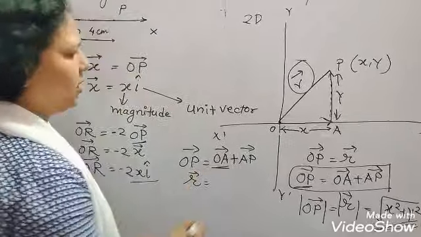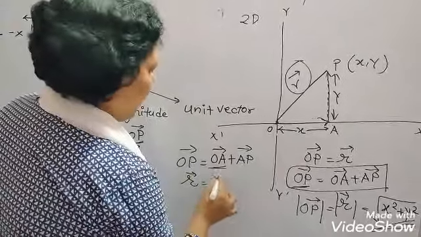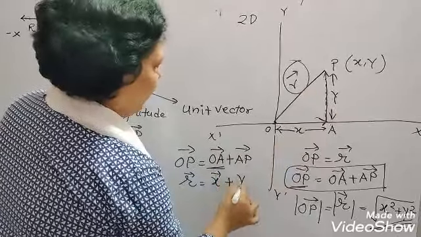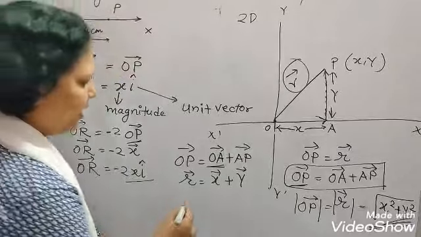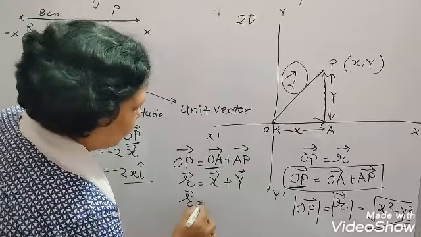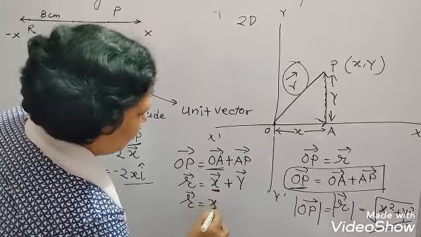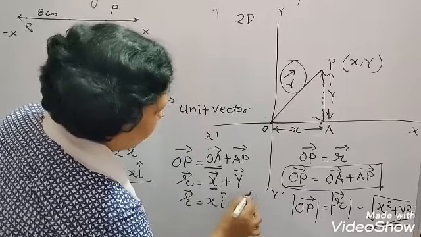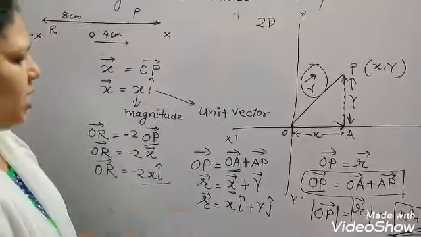OA is the X vector, and AP is the Y vector. Or we can write this R as, this X we can write as x i cap, and this as y j cap.